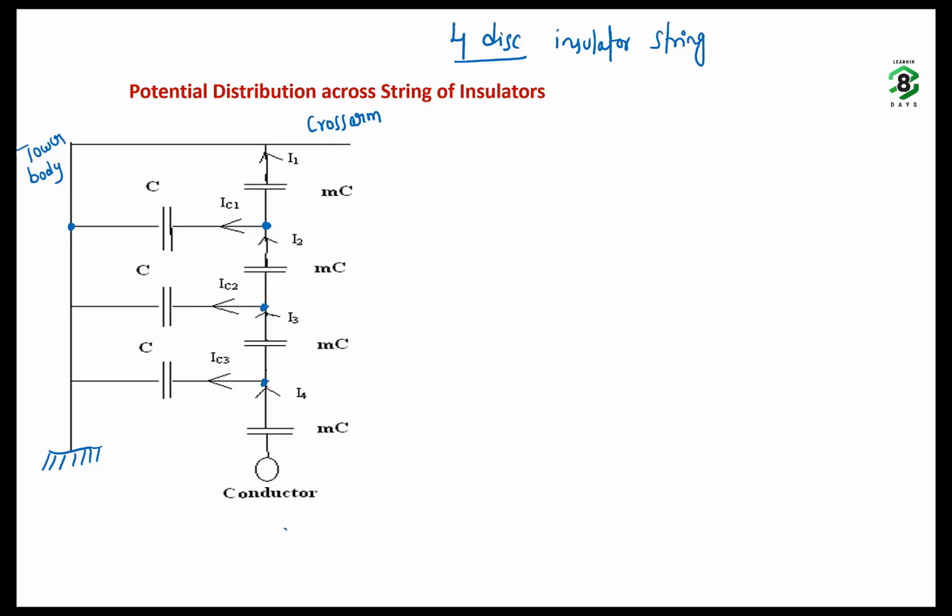Let us call these node 1, node 2, node 3, node 4. At node 1, applying Kirchhoff's current law, the entering current I2 equals I1 plus IC1. Am I right?